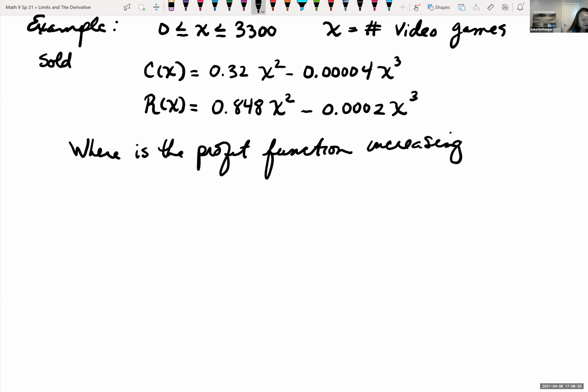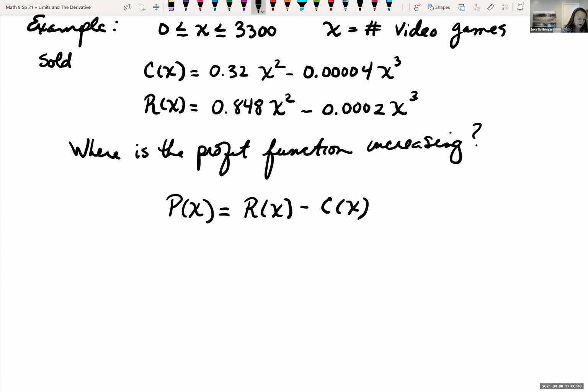First of all, we have to find our profit function. Let's call it P of X. Profit P of X is equal to how much money we're bringing in, the revenue, minus all the costs it takes to make that product. And that would give us our profit.